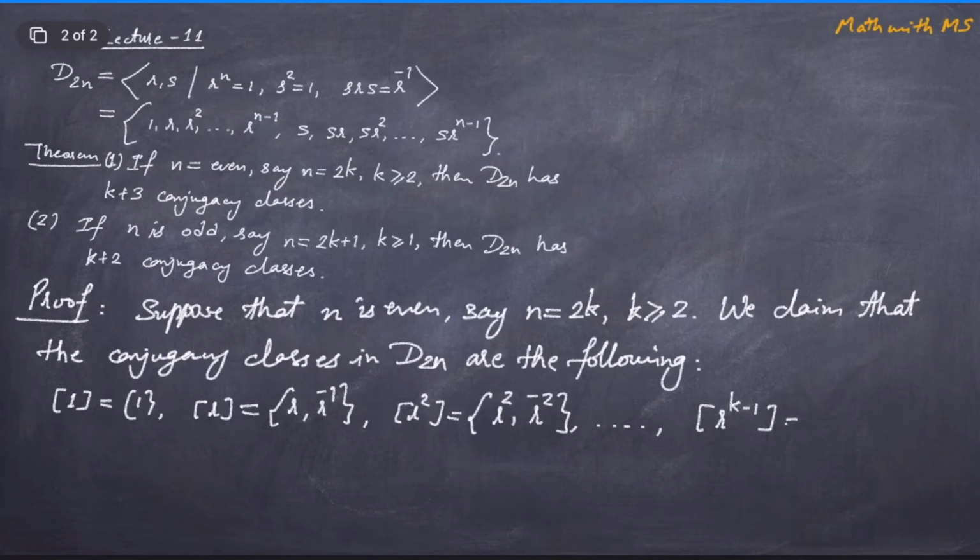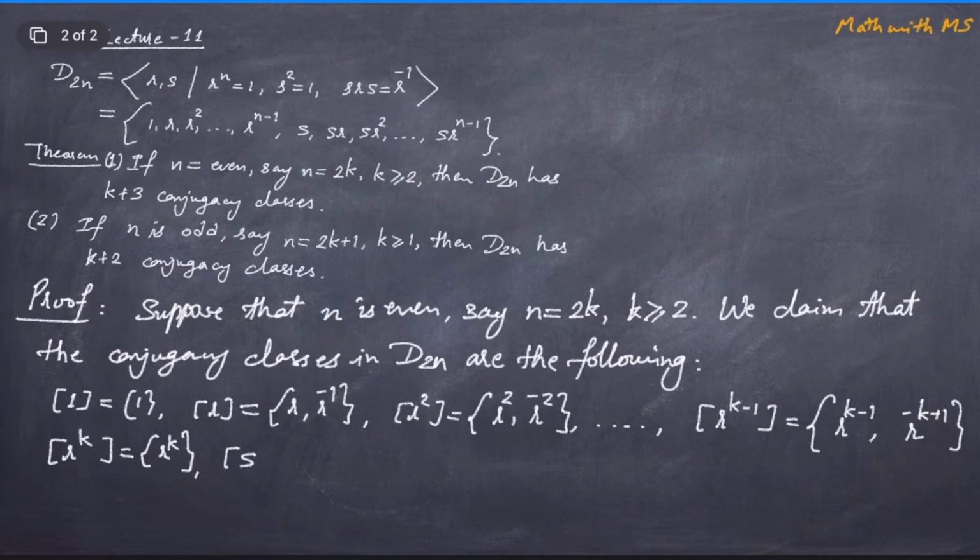It consists of r to the power k minus 1 and its inverse, that is r to the power minus k plus 1. Now coming to r to the power k, which is a central element, its conjugacy class will be just the element r to the power k itself.